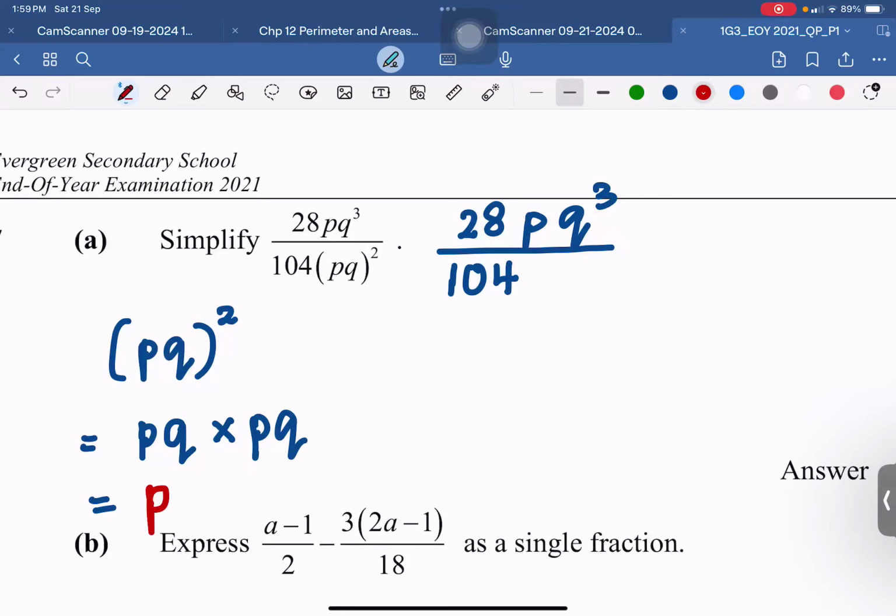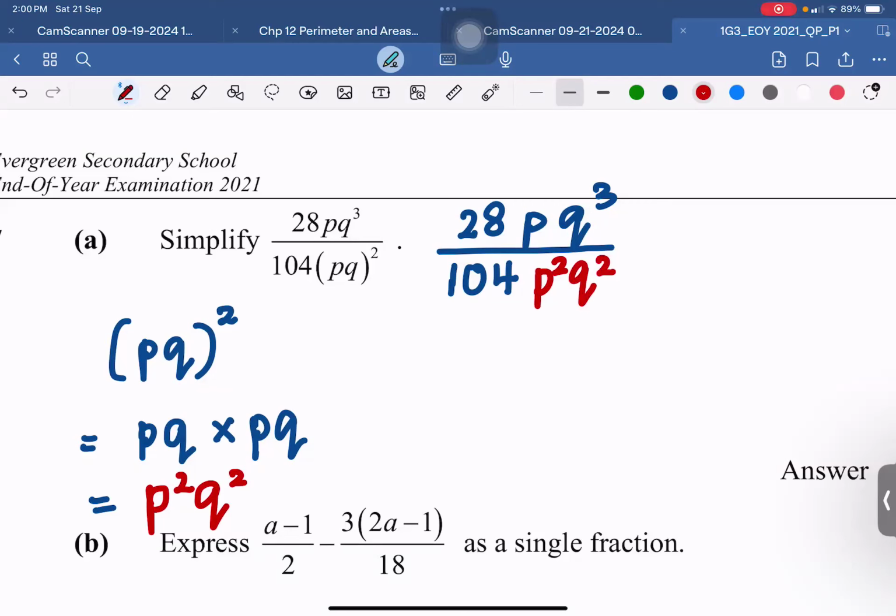Come on, we do math together. You all have to give me answers. Thank you. p squared. What about the other one? q times q will be q squared. Is that okay? So now we change this to p squared q squared.